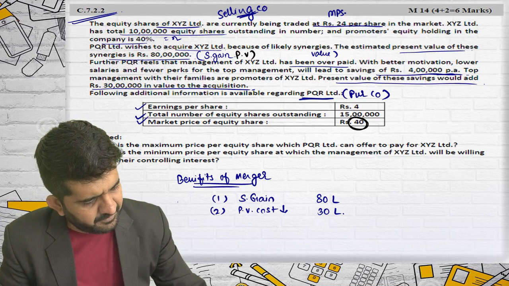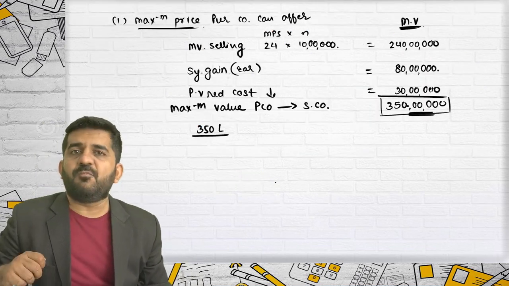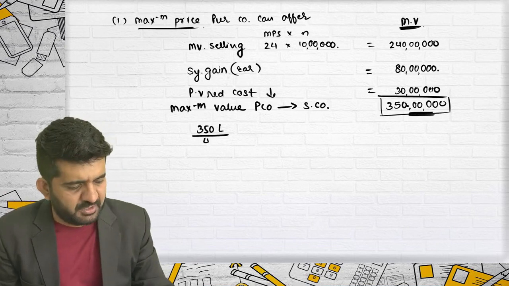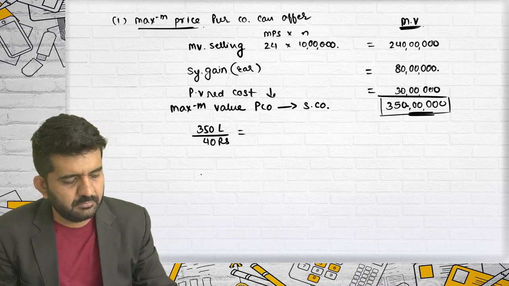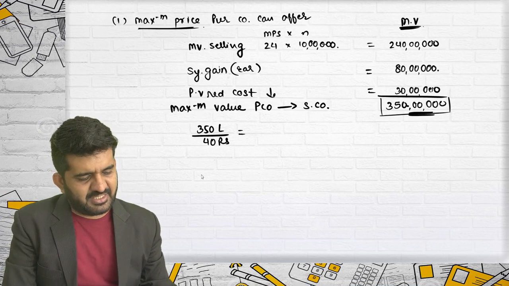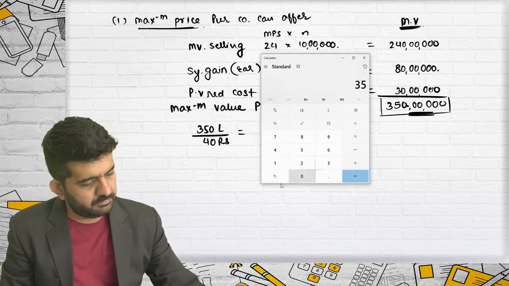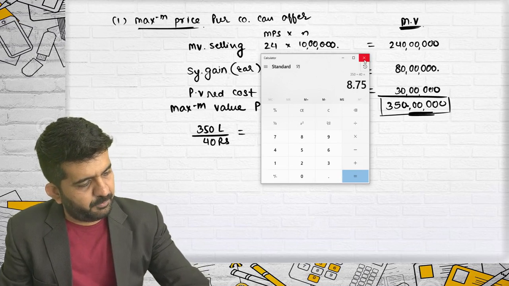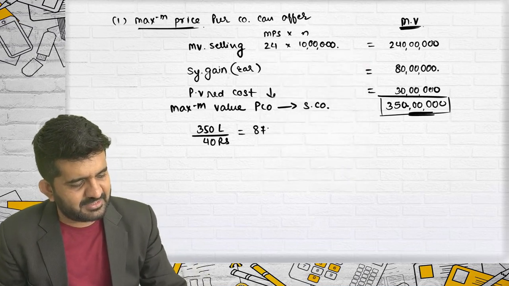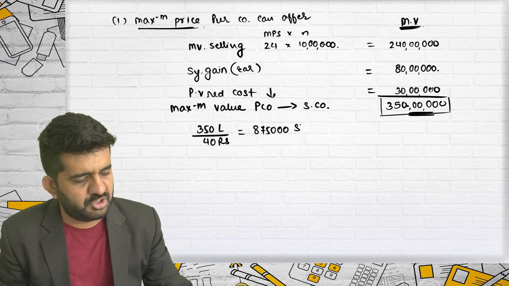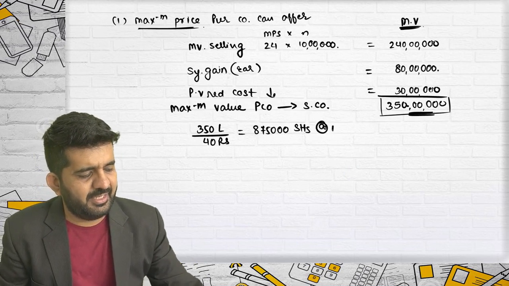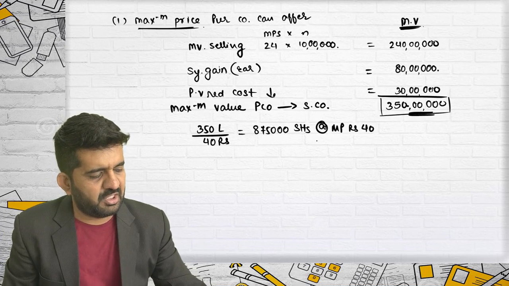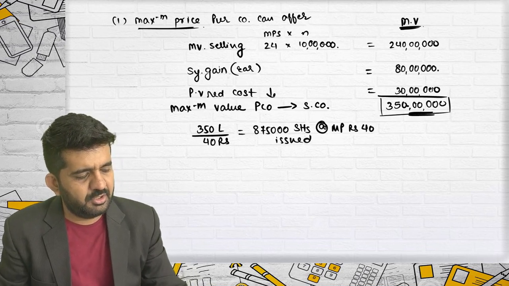It is 40. So if I want to give you 350 lakhs and my one share is of 40 rupees, this is how many shares I'll issue you. It is 8.75 lakhs. 8,75,000 shares at the market price of rupees 40 will be issued.